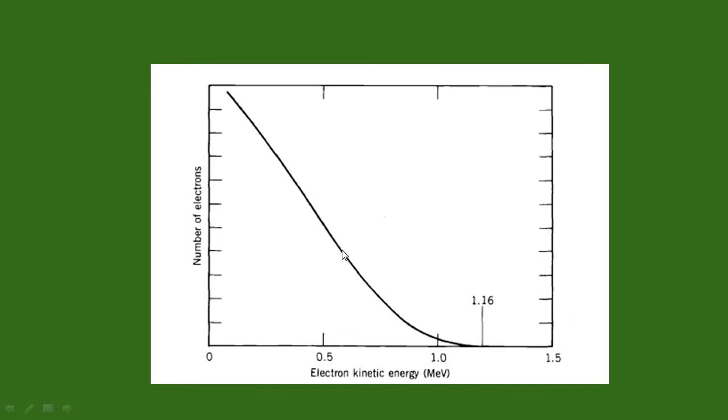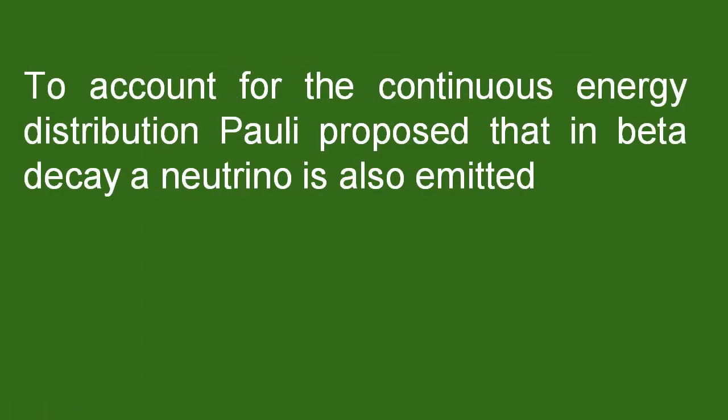And what is the reason for this wide range? That was a question for so many years. At the initial stage, the first beta decay known to us was the electron emission, that means negative beta decay.